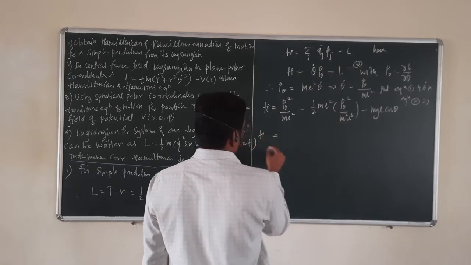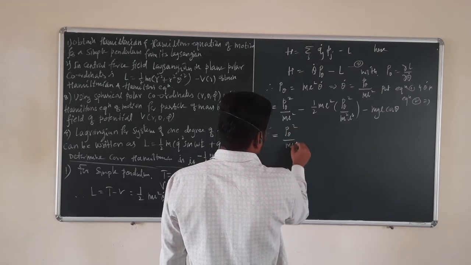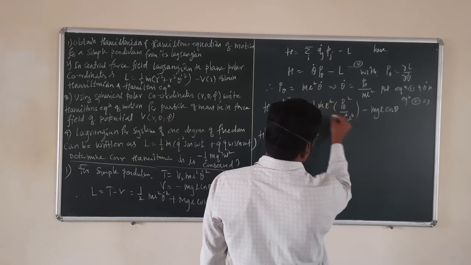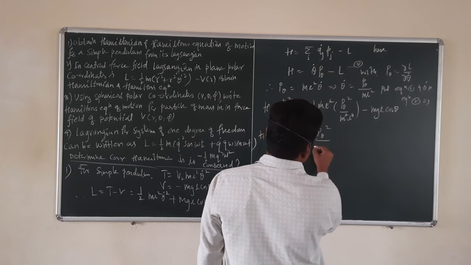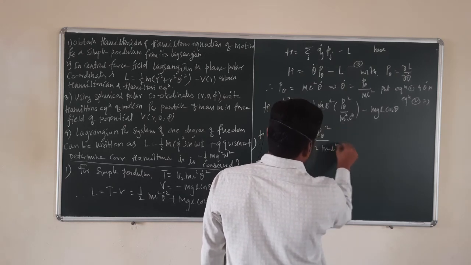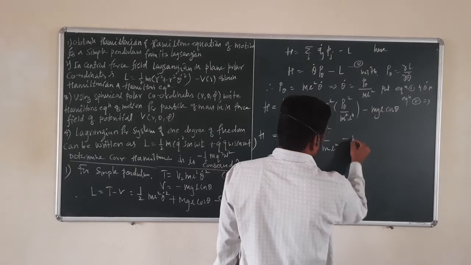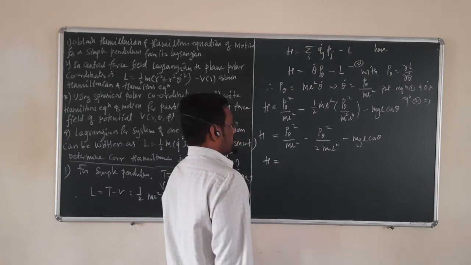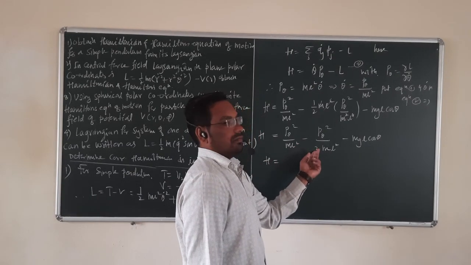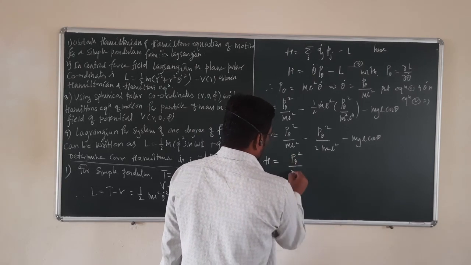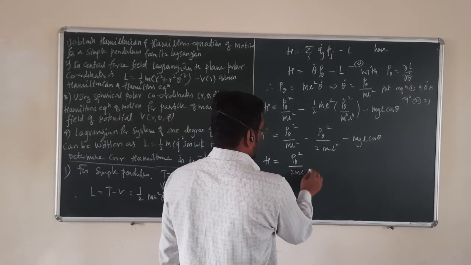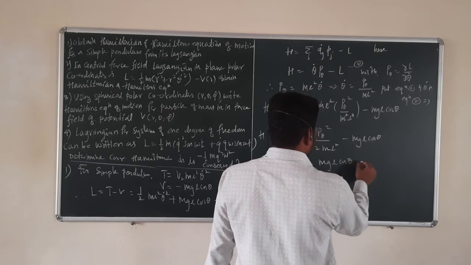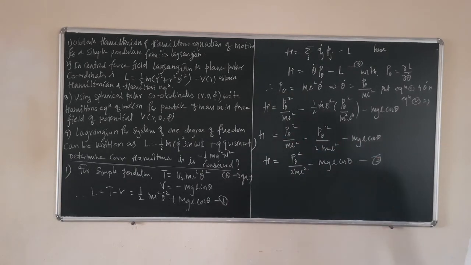So this is equal to pθ² divided by m l², minus 1/2 pθ² divided by m l², which gives pθ² divided by 2 m l², minus mgl cos θ. So this is the Hamiltonian for the simple pendulum.